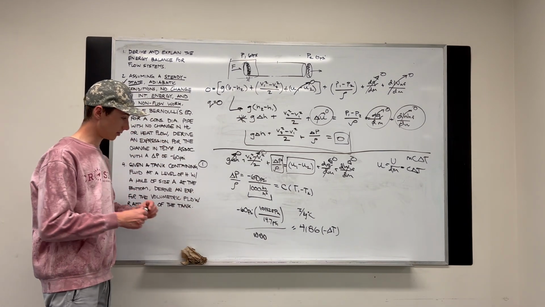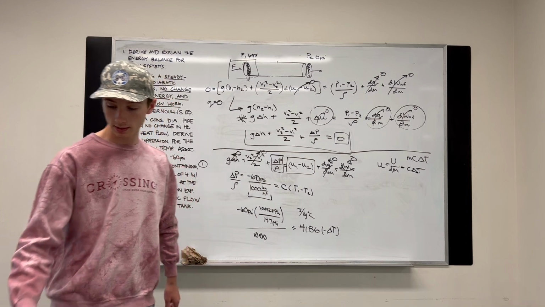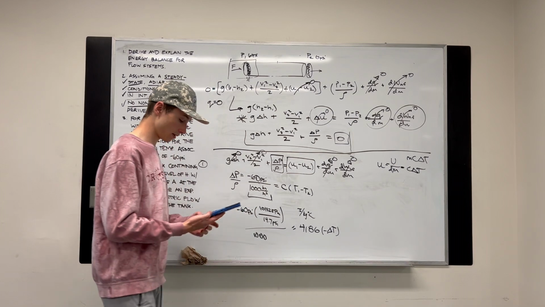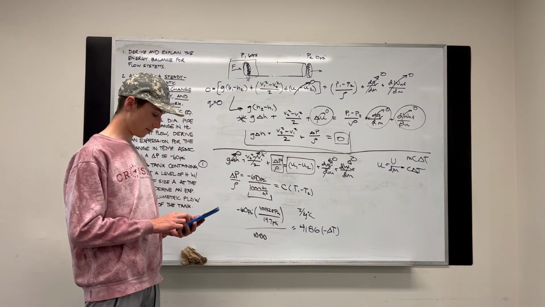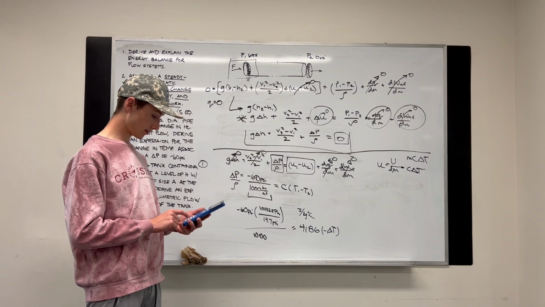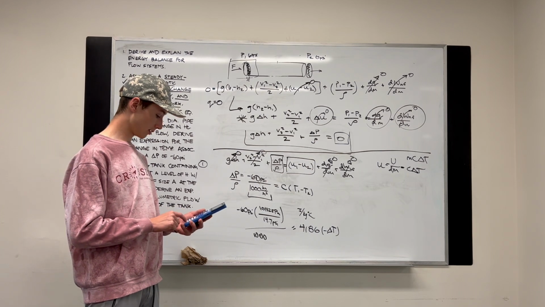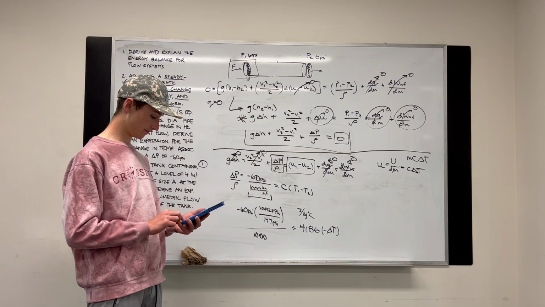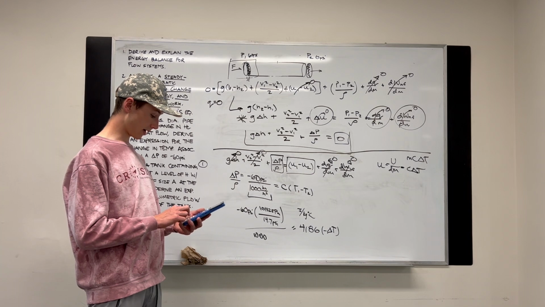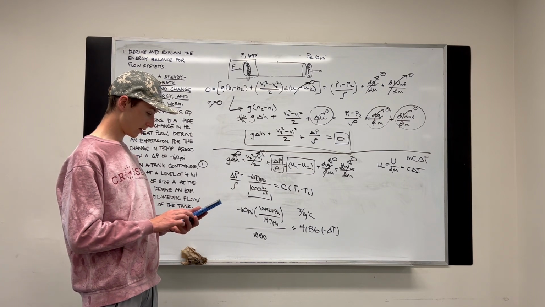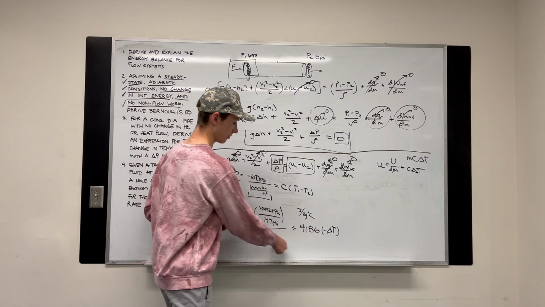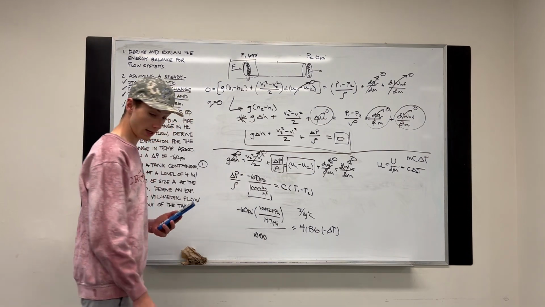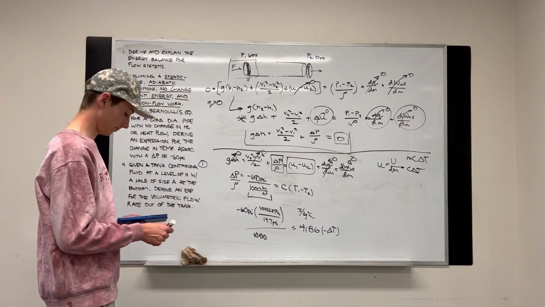Let's go ahead and plug that into the old calculator and see what we get for delta T. All right. So negative 60 times 101.325 over 14.7 divided by 1,000 divided by 4186 gives us a change in temperature, sounds about right.